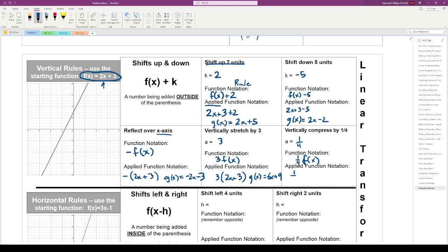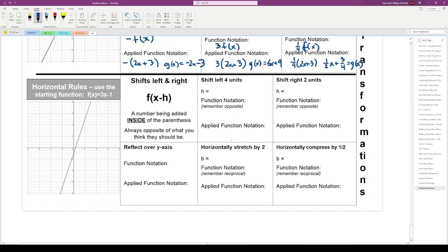So we're going to do 1 over 4, and then we're going to have 2x plus 3. We distribute that. 2 times 1/4 is 1/2 x, plus 3 times 1/4 is 3/4. And that was equal, g of x equals. I forgot to put it, so I'll put it on the right. Okay, that's all of the types of vertical transformations we can have.